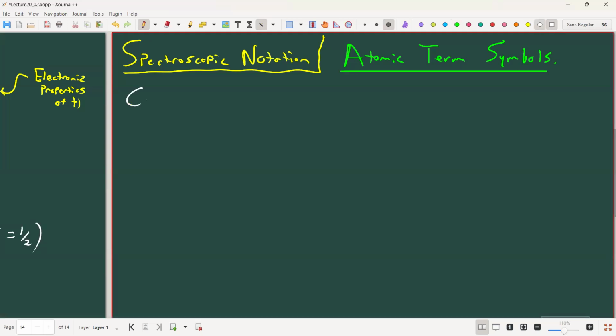All right, consider an atom and some electron configuration.